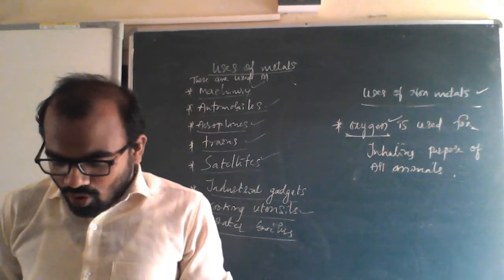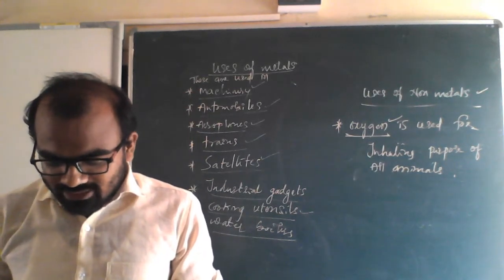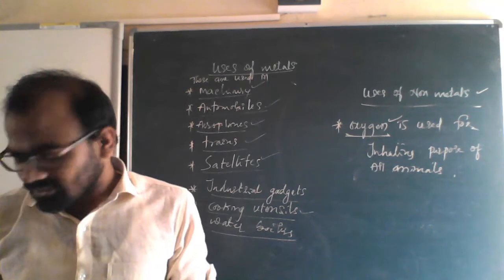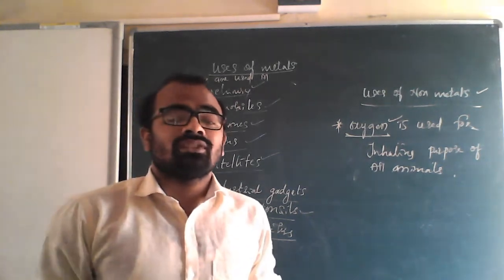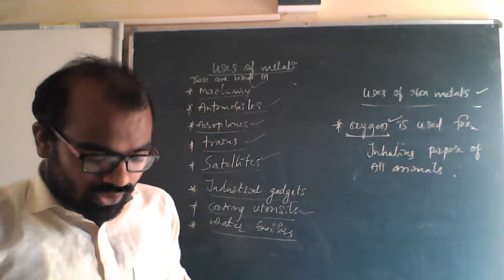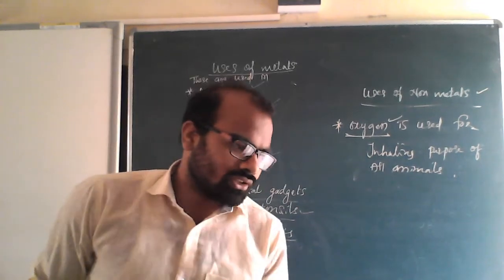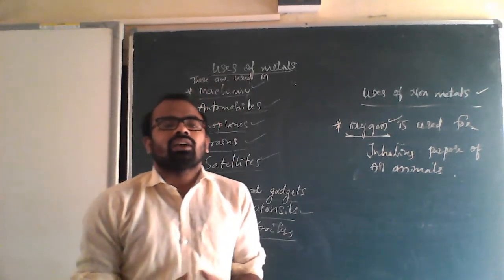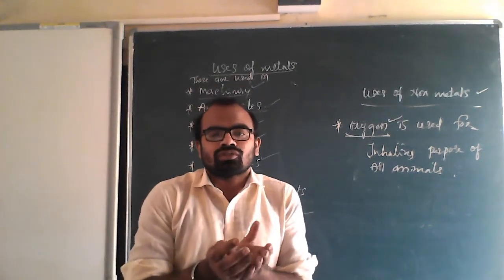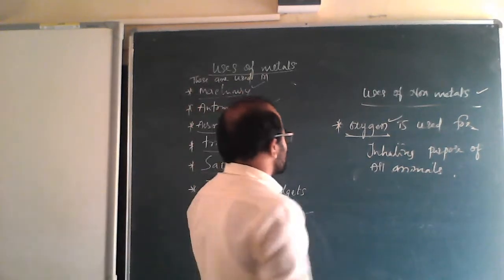Second one, non-metals used in fertilizers to enhance the growth of plants. See, this should be used in fertilizer so that the plant should be grown. So that we can call it as nitrogen.